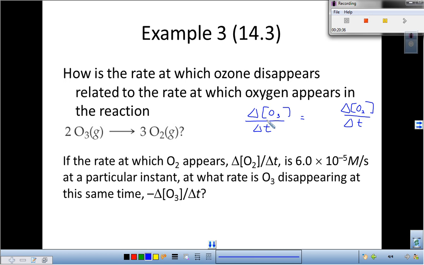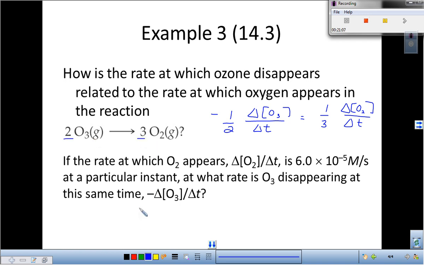It needs a negative because it's disappearing. And so for every 1 over 2 moles of O3, I'm going to put a negative there because it's a reactant, we get 1 over 3 rate of O2. Where did I get these numbers? From my coefficient.